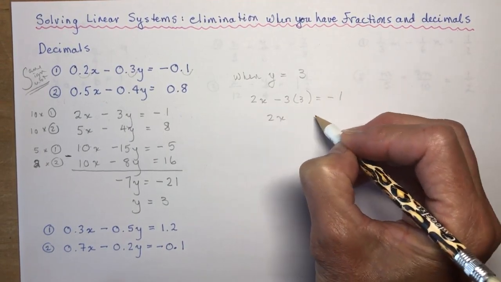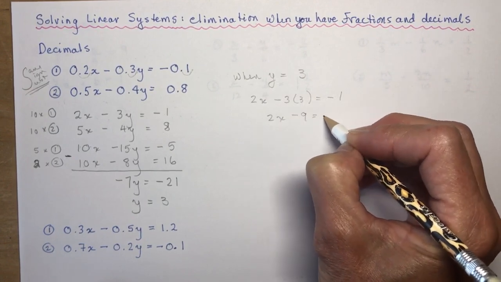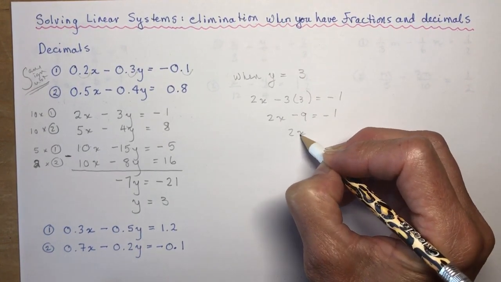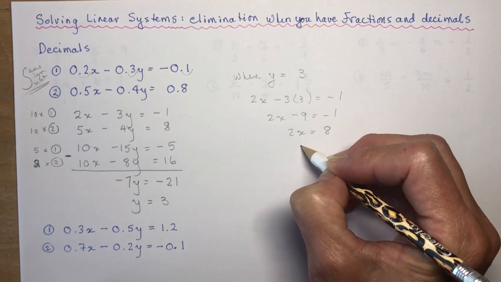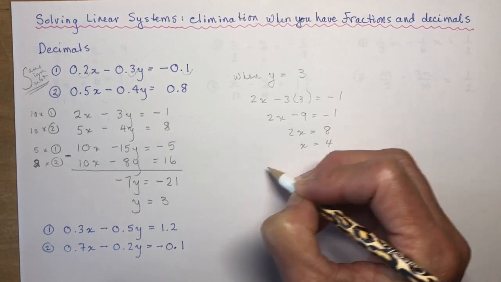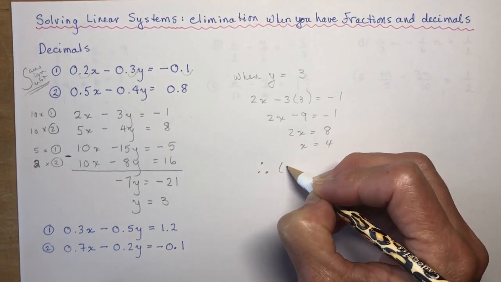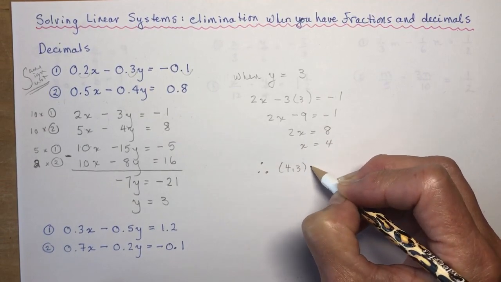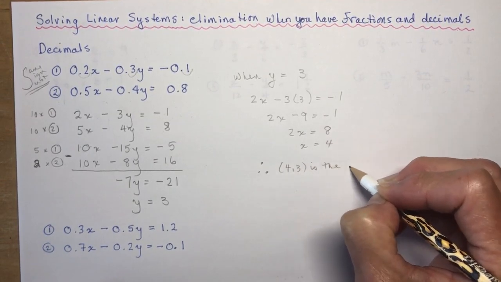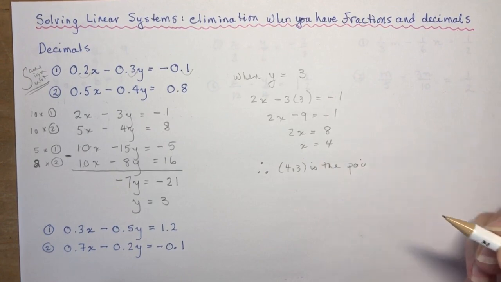So 2x minus 9 equals minus 1. 2x equals 8. And x is equal to 4. So therefore, (4, 3) is the point of intersection.